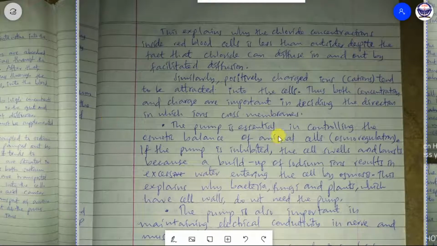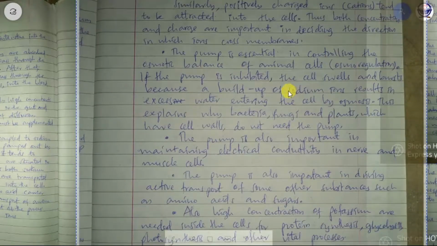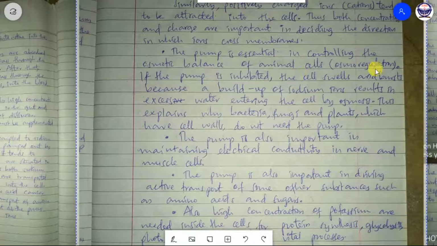Now, the pump is essential in controlling the osmotic balance of animal cells, that is osmoregulation. If the pump is inhibited, the cell swells and bursts because the building up of sodium ions results in excess water entry into the cell by osmosis. This explains why bacteria, fungi, and plants, which have a cell wall, do not need the pump.